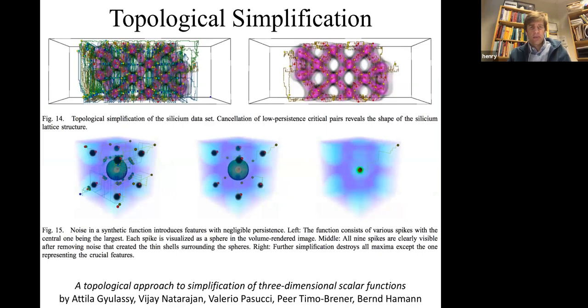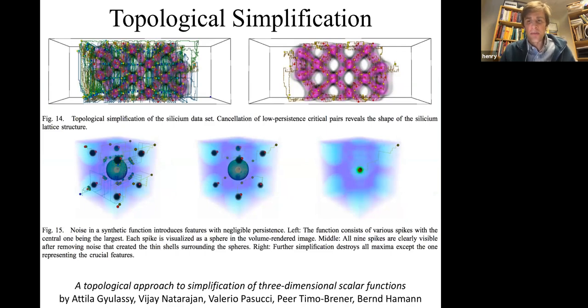Here are two examples from material science. I think you can see the atoms arranged out in these lattice type structures in these pictures. And for the silicon example on the top, it's hard to figure out what's going on with all those critical points and all the minimum energy paths in green, particularly connecting them.